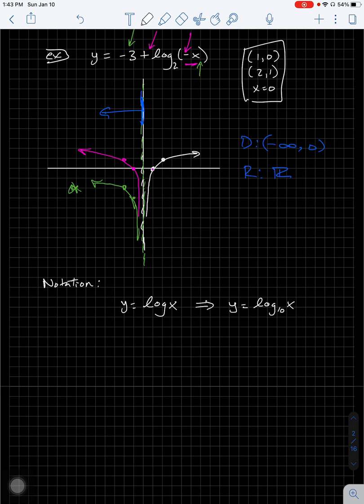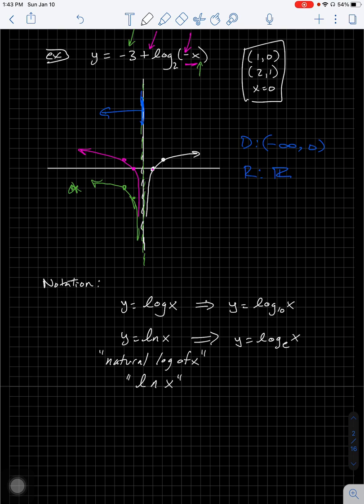Okay, the other shorthand is we write this. The way we say this is the natural log of x. Sometimes we say shorthand ln x. And what this is shorthand for is a base of e.